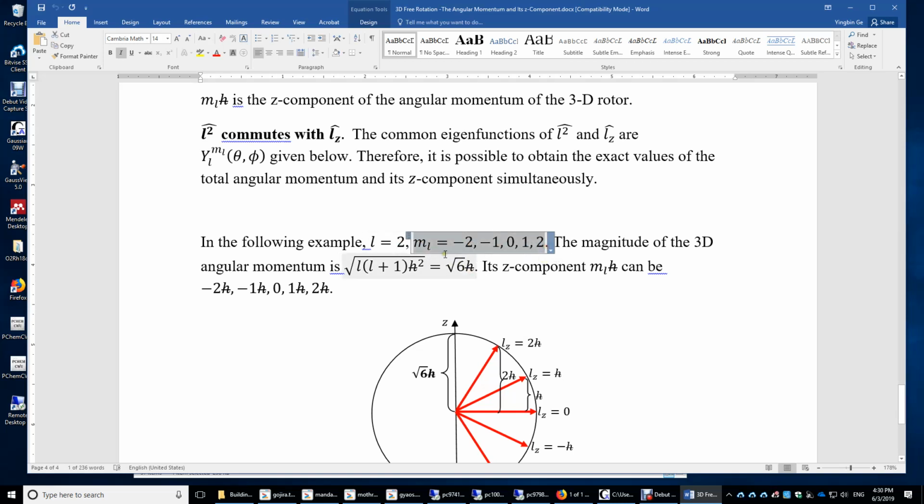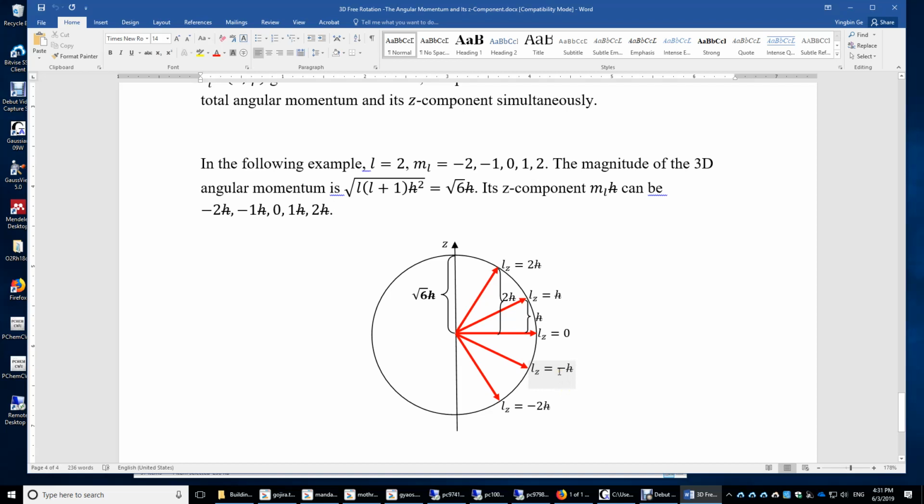Okay, that's telling you we have a degeneracy of 5, just like the 5 different d orbitals. And these 5 numbers tell us the z component of the three-dimensional angular momentum is m sub L times ħ, which can be negative 2ħ, negative 1ħ, 0, 1ħ, and 2ħ.